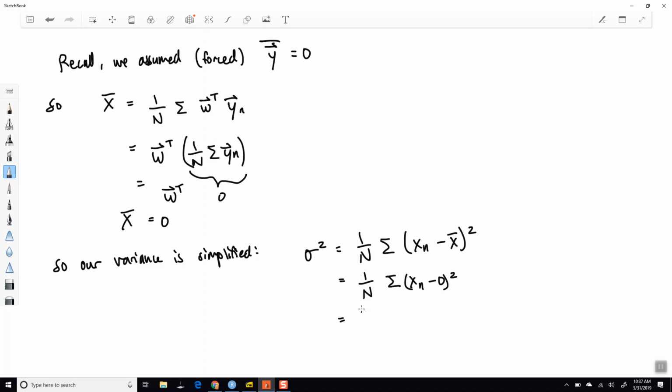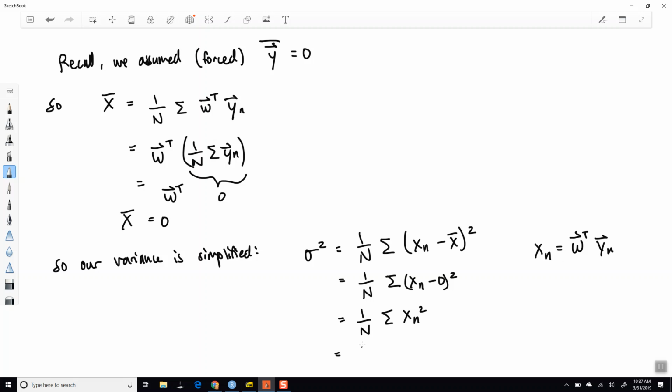So we get 1 over N times the sum of x_n squared, and keep in mind x_n is equal to w transpose y_n as well.